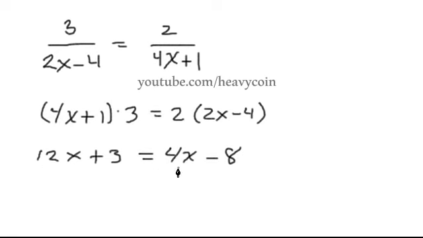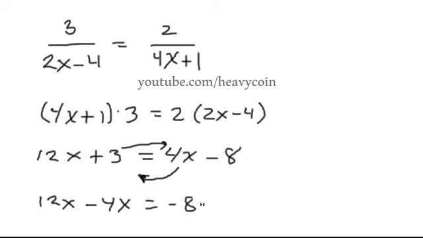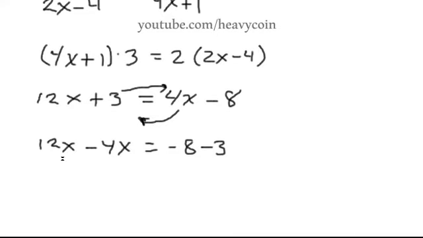Now I'm going to take the 4x over to this side of the equal sign, so this becomes 12x minus 4x, and take the 3 over here, so that becomes negative 8 minus 3. So now we have 12x minus 4x, that's going to be 8x, is equal to negative 8 minus 3, is that a negative 11?